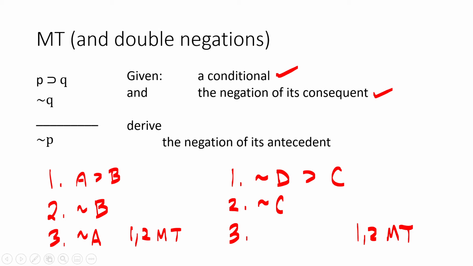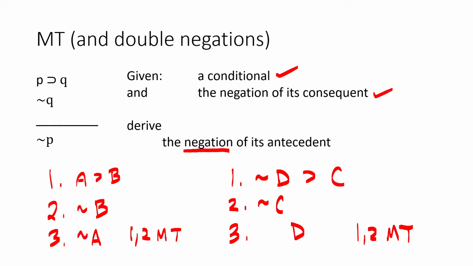By the rule, what we are allowed to derive is the antecedent negated. Right? We're allowed to derive the negation of the antecedent. And so that actually looks like tilde tilde D and not just like D. For sure, tilde tilde D and D mean the same thing, in the same way that it's not true that the Dodgers don't win the pennant means that the Dodgers win the pennant.